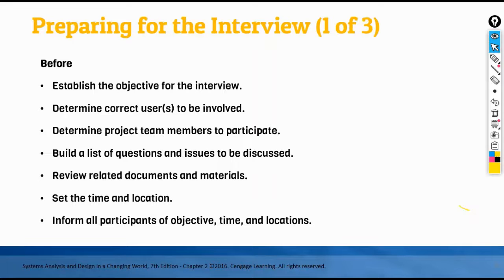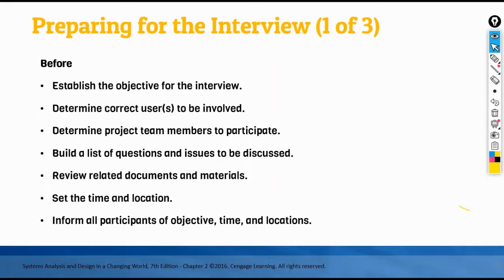The first and most important step in preparing for an interview is to establish the objective of the interview. Then you determine which users should be involved in the interview, and which project team members should participate.